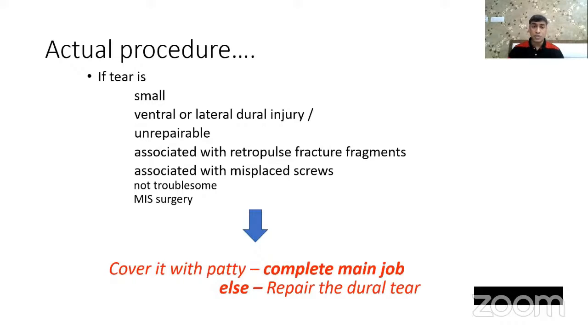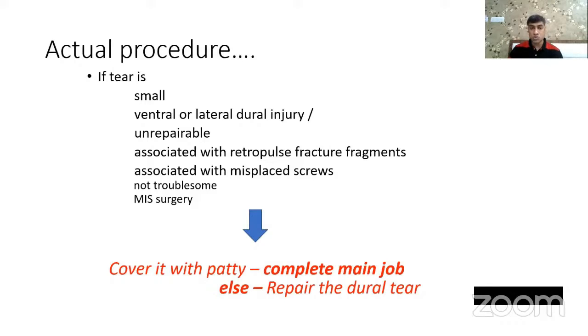Or a dural injury which has occurred preoperatively, associated with burst fragments or with misplaced screws. These are the ones where we can just put a patty over the rent, see to it that it doesn't ooze significantly and is not interfering with our other work. So we complete whatever procedure is left.